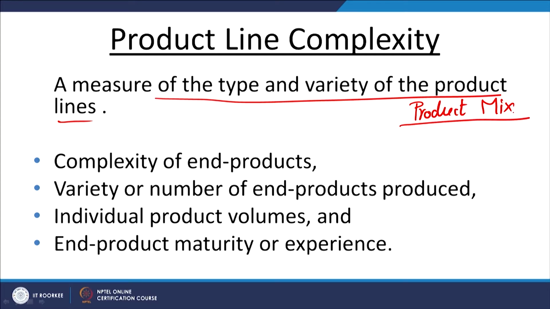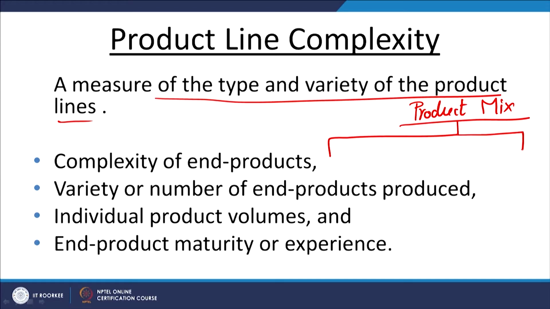Now, the product mix is the complete structure of the various products offered by your organization. Your organization may offer 4 different types of products A, B, C, D. It is quite possible that A, B, C, D are related to each other. Maybe A is shampoo, B is hair oil, C is bathing soap, and D is talcum powder.